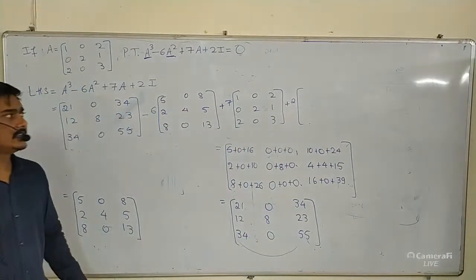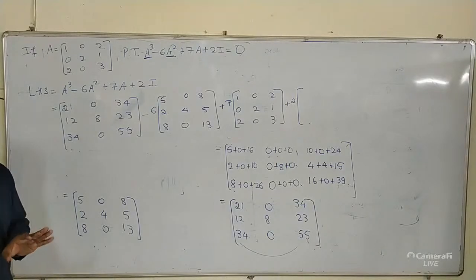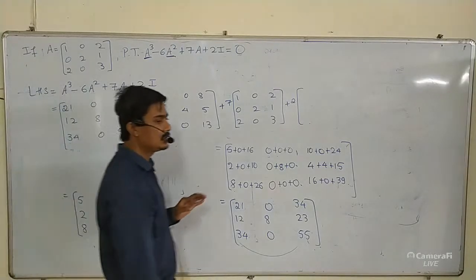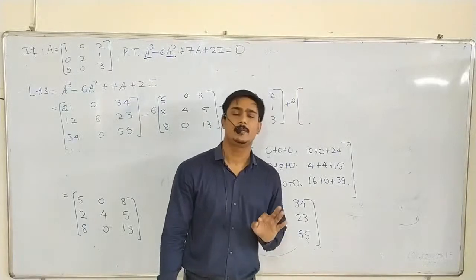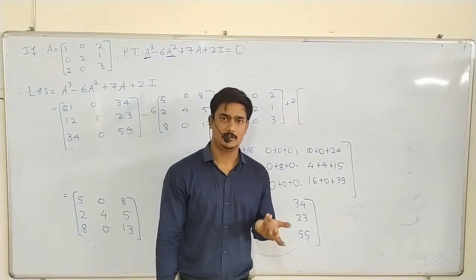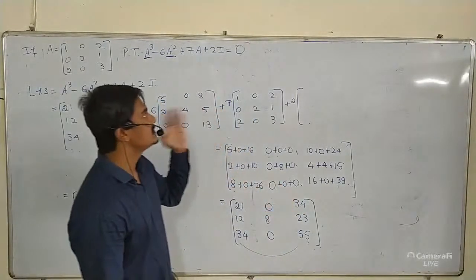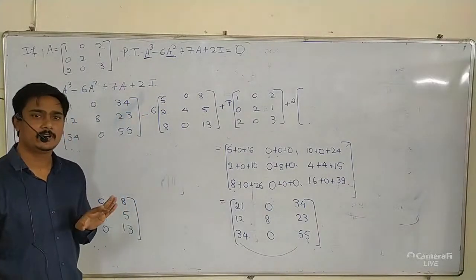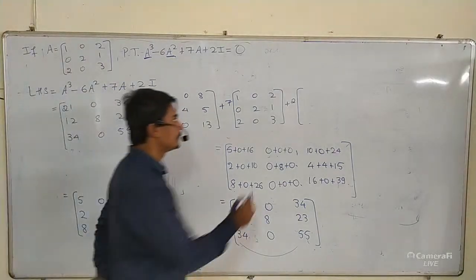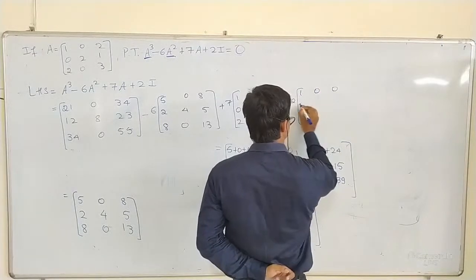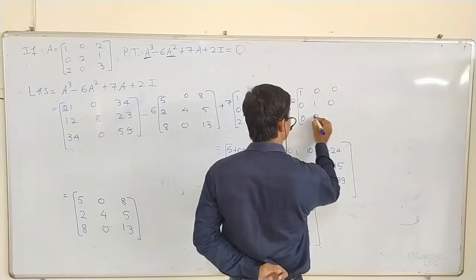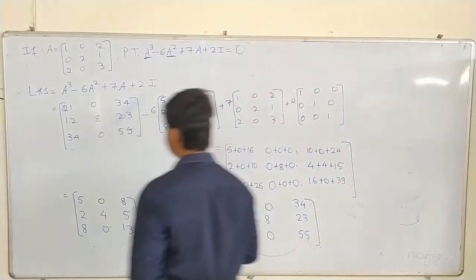Here we need to choose the identity matrix of order 3, because matrix addition and subtraction are defined only if the matrices are of the same order. Even though it has not been mentioned that you need to use the I matrix of order 3, it's understood. So 1, 0, 0, 0, 1, 0, 0, 0, 1.